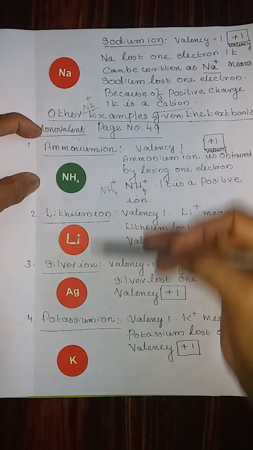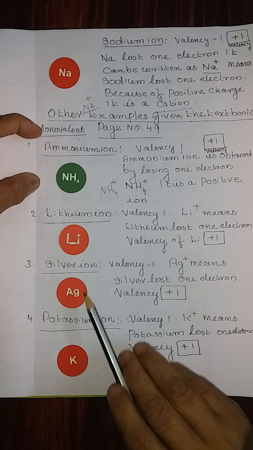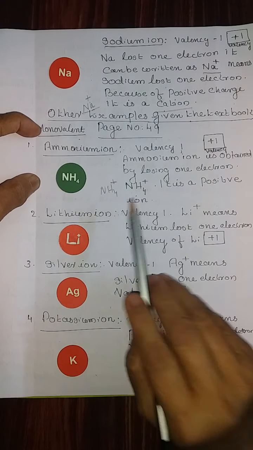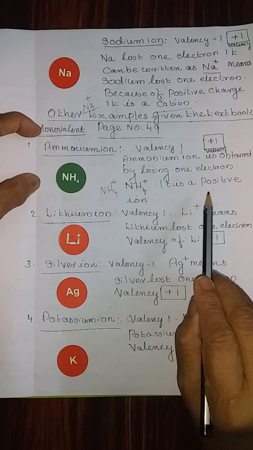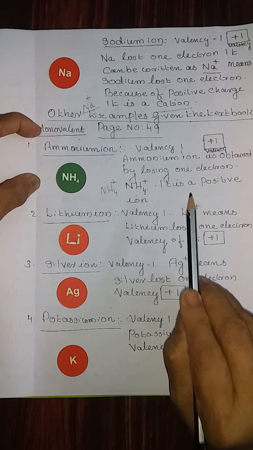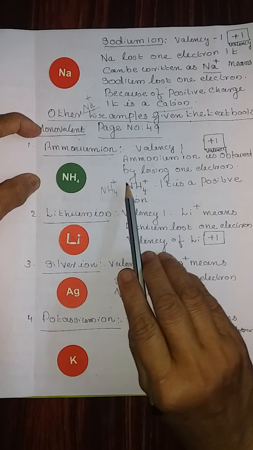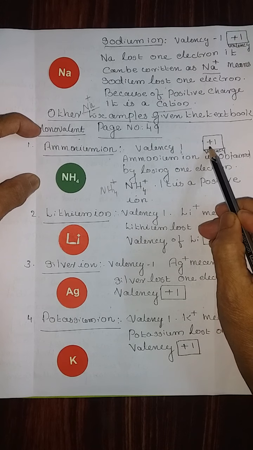That means they are all in the atomic state, where only one representation using an atom can be given. But this positive radical consists of 2 elements, that means nitrogen and hydrogen. Therefore, since it can lose 1 electron, the valency can be written as plus 1.